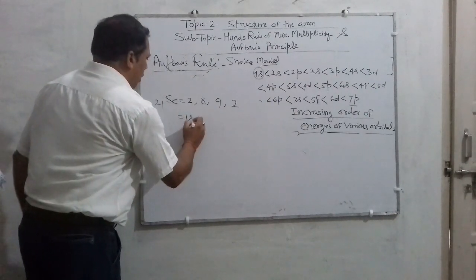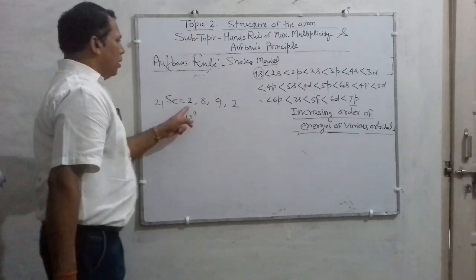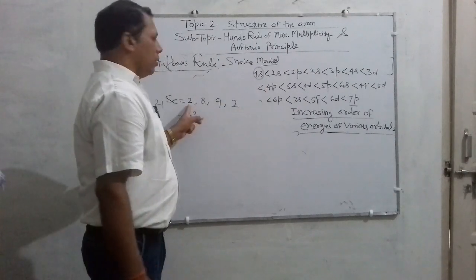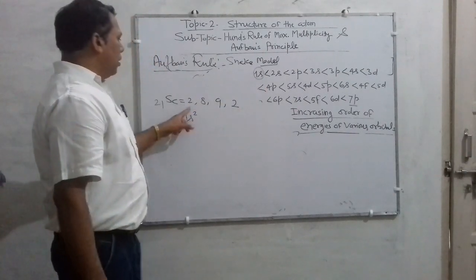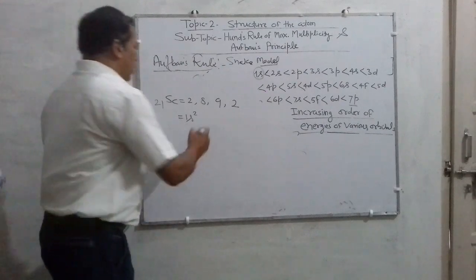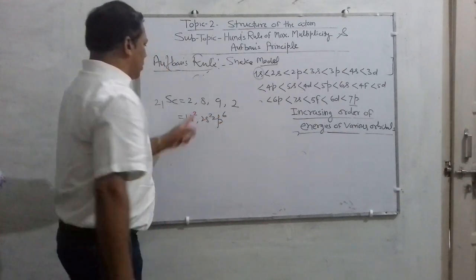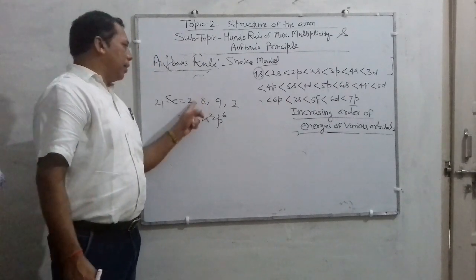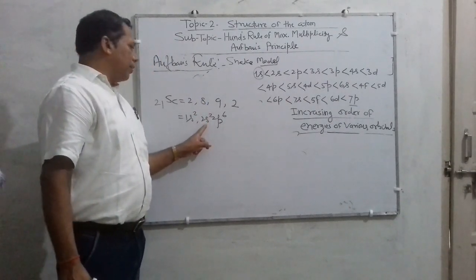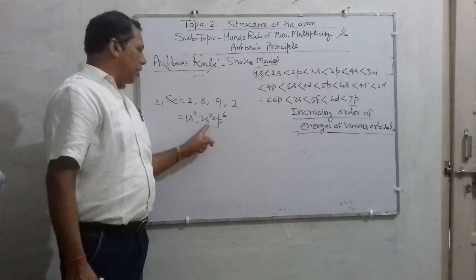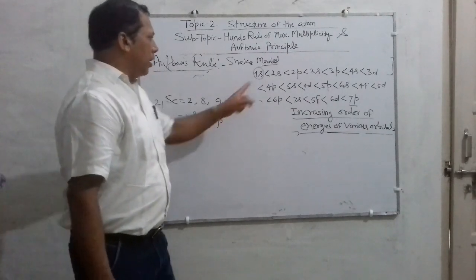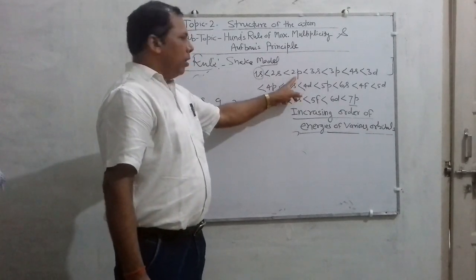First the electrons fill in 1s, 2 electrons in the first shell, so 1s2. Similarly 2s2 and 2p6, the second shell containing 8 electrons, distributed in 2s and 2p.